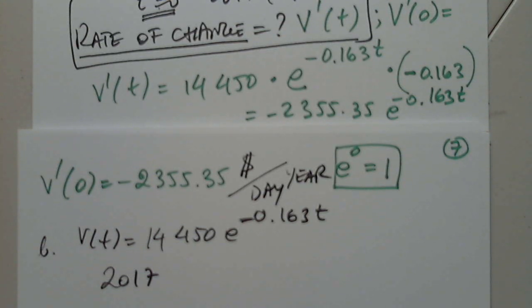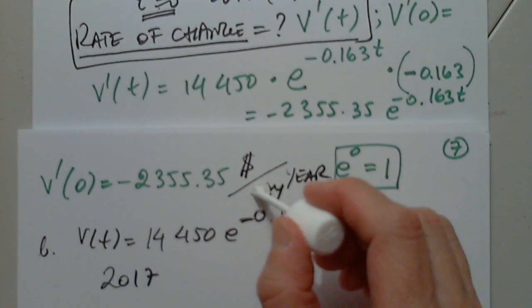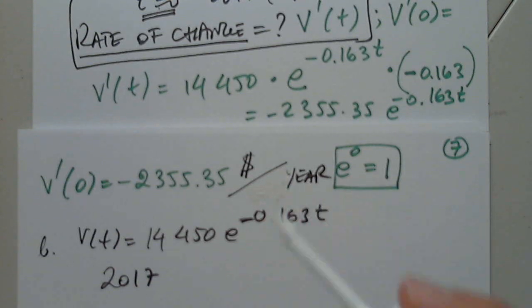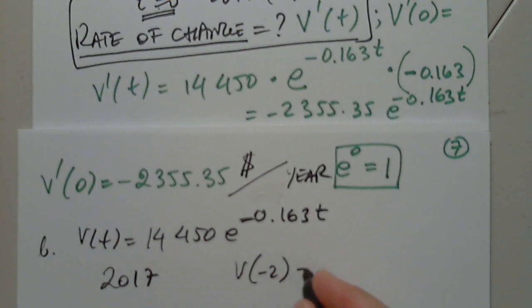Any suggestions? We will make t negative 2. We are going back in time. So we want to determine v of negative 2.